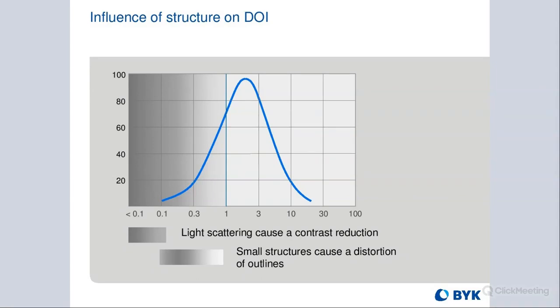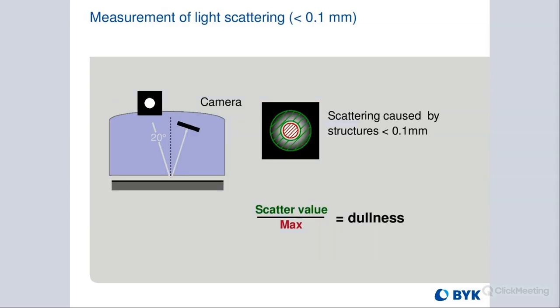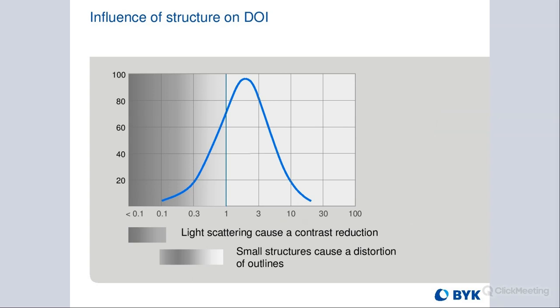We talked about DOI, and then we want to know how that is calculated. We calculate it with all the numbers under 1 millimeter of wavelength, and that all goes into a function called the DOI.